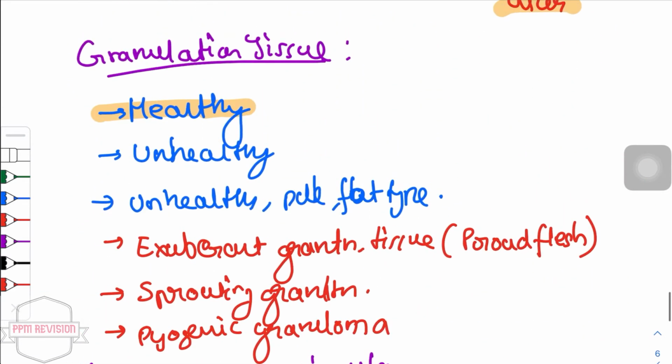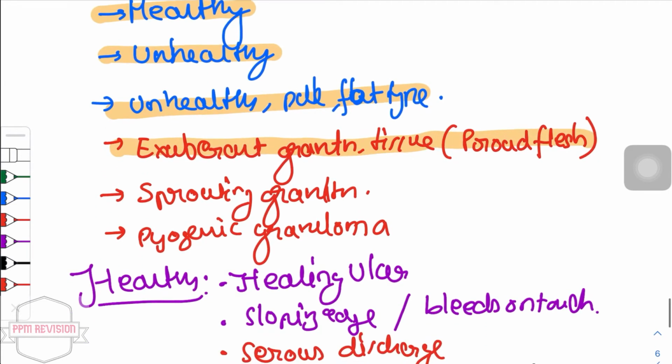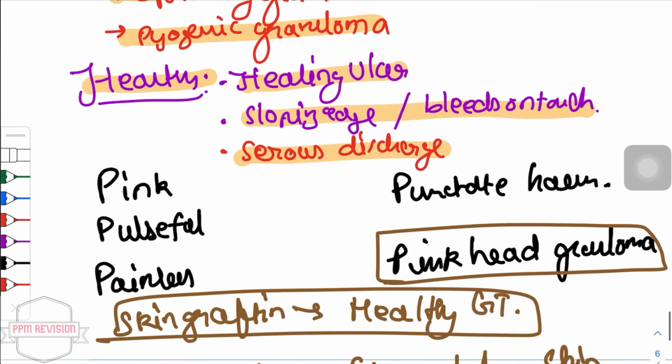So to quickly recap, we saw granulation tissue. It's divided into healthy, unhealthy, pale flat type, then exuberant granulation tissue, which is proud flesh, and sprouting granulation, and pyogenic granuloma. Under healthy: healing ulcer, sloping edge, bleeds on touch, and serous discharge.